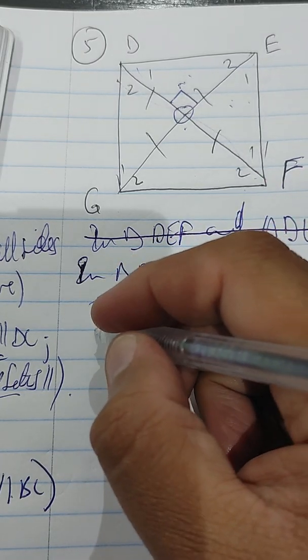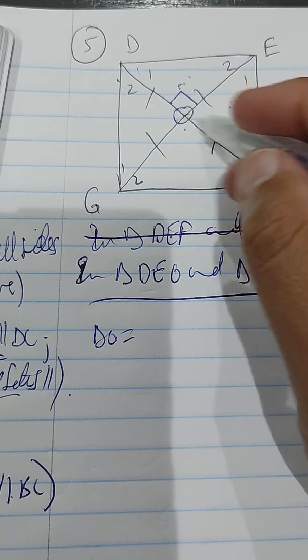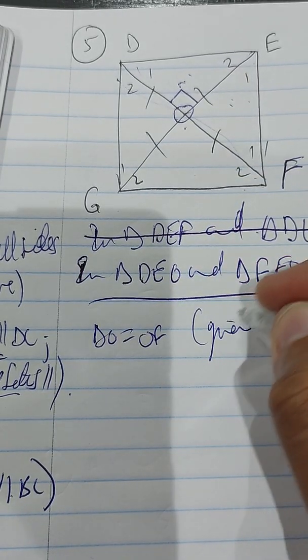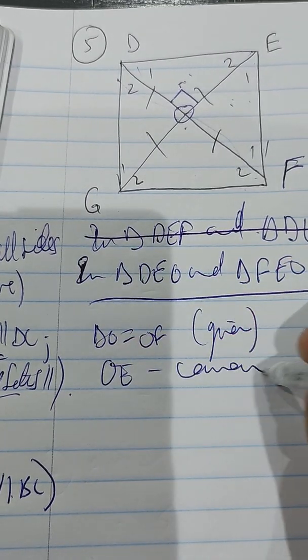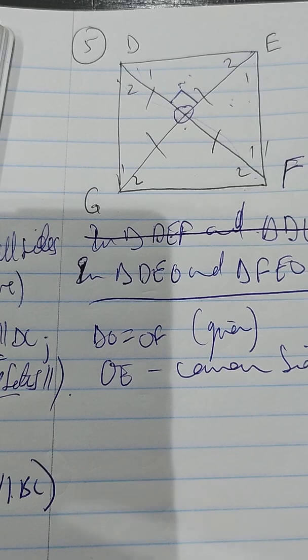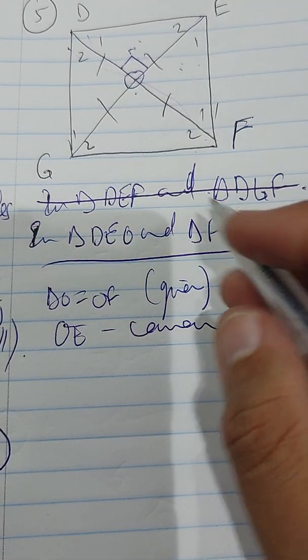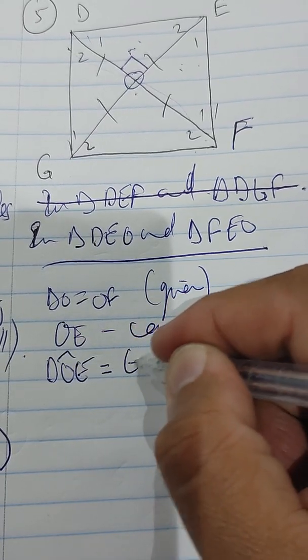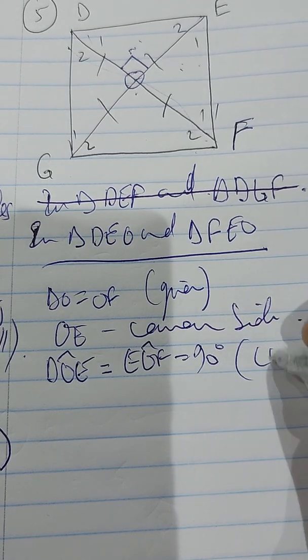Okay, so you got that DO is equal to OF. Why? It's given. Then we got the OE, which is a common side. Okay. Then we can say that DOE is equal to EOF, is equal to 90. Why?